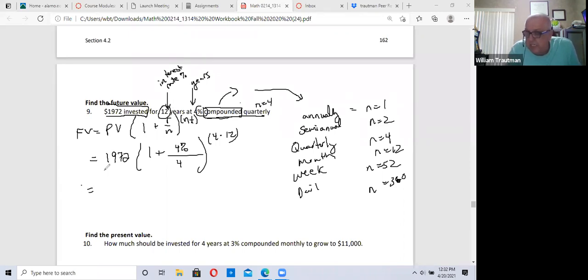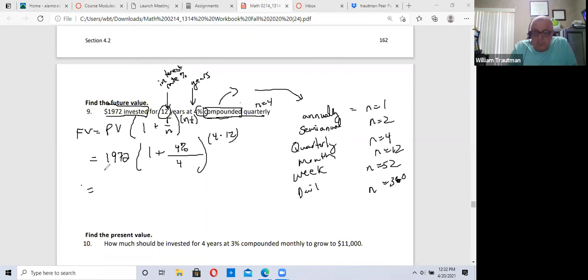And then we put this into our calculator. This is the hardest thing. Can you put this into your calculator and get an answer? 1972 parentheses 1 plus the fraction 4. Make sure you use the percent symbol, which is right over the first parentheses. 4% over 4. Close the parentheses and raise it to the power with a new parentheses, 4 times 12.